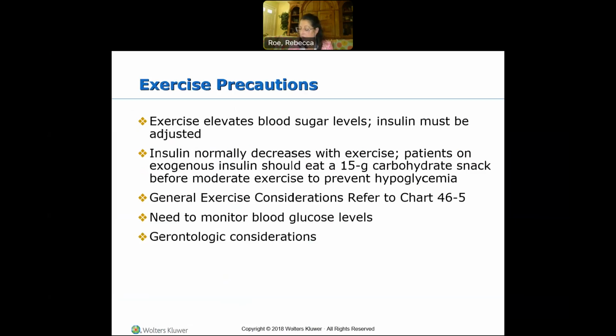Even in the older population, physical activity and fitness helps, and it can improve glycemic control, circulation, and quality of life. Because there's a risk for many comorbidities, especially related to the heart and the lungs, primary care providers should evaluate prior to any start of any exercise.